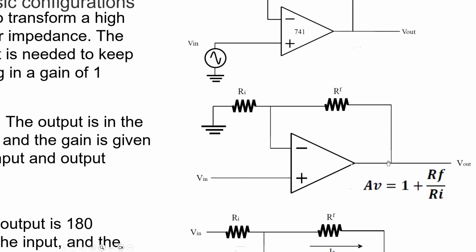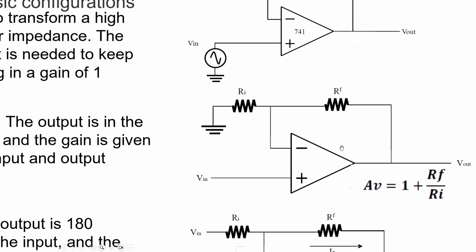But from the output, we are creating some sort of a negative feedback, and we're shooting this into the inverting input. So this thing is going to be controlled. So just hint, hint. These two are trying to be the same. So you can almost join that and work it as a voltage divider.